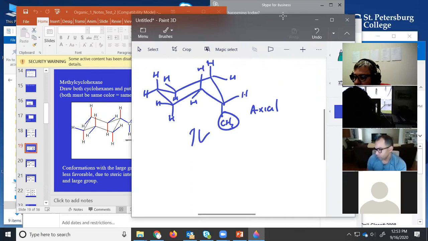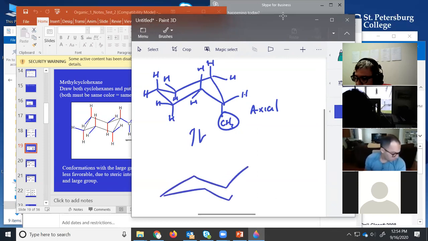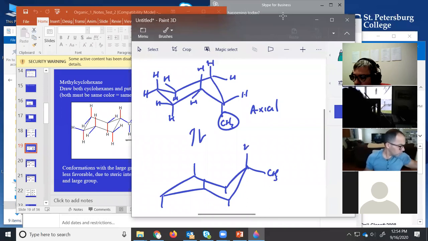So when we do the opposite one, I'll put in my axials, and you'll notice now the methyl group has shifted into the equatorial position.